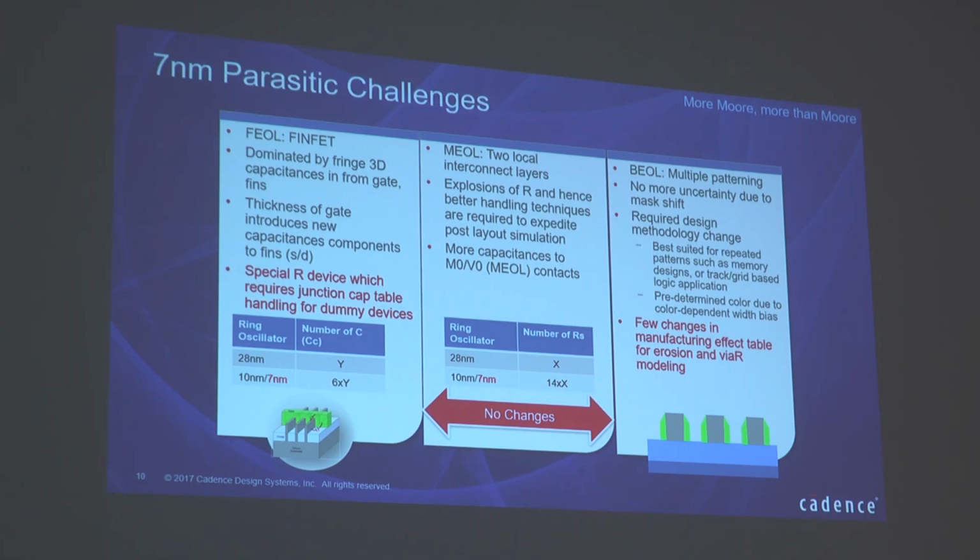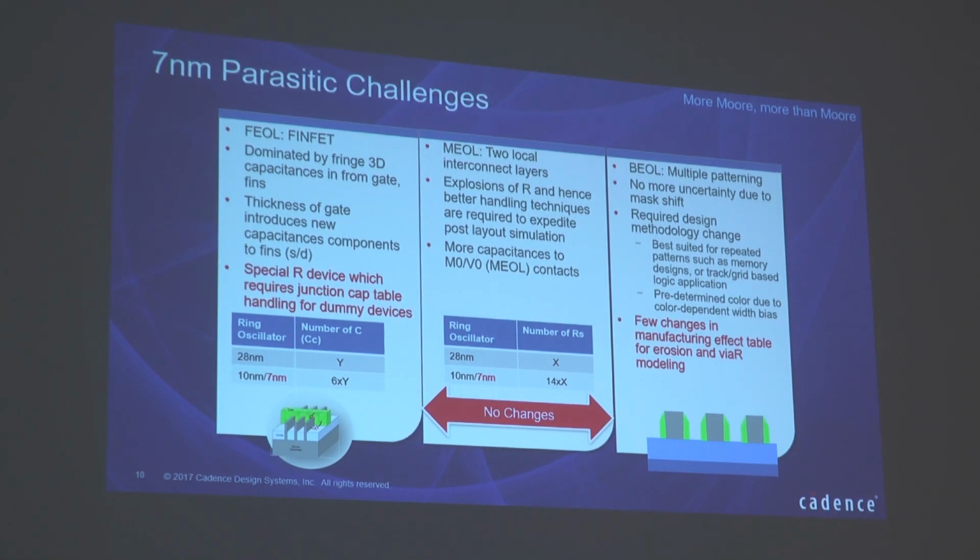So the number of parasitic elements, just capacitance, is increasing by a magnitude of 6. And then you also have more resistivity, so you have additional layers between the transistor front end and the back end, so these are the metals.